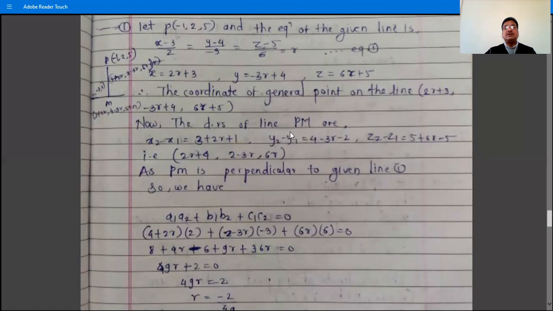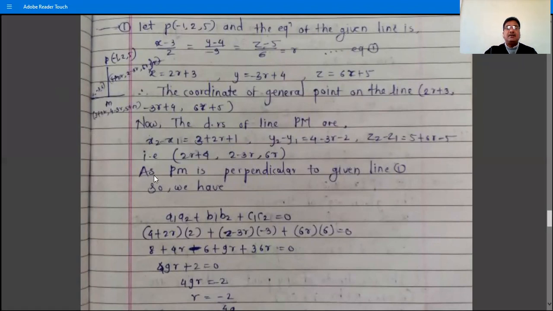These are the direction ratios of the line PM, because if we know two points on the line, we can write its direction ratios.